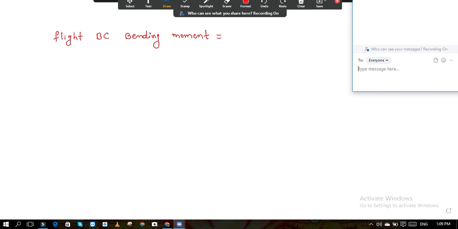Bending moment we have calculated; we have drawn the shear force diagram. From that we got the point of zero shear, where the shear force is zero. At that point we calculated the maximum bending moment. I am asking you, what was the value of that maximum bending moment?